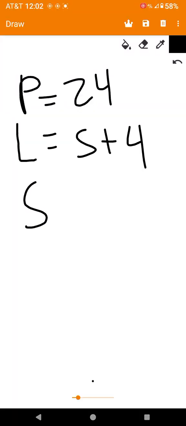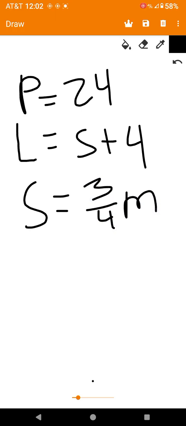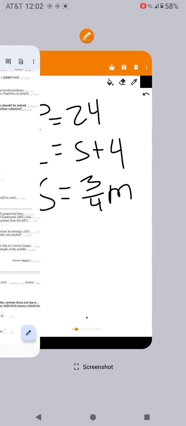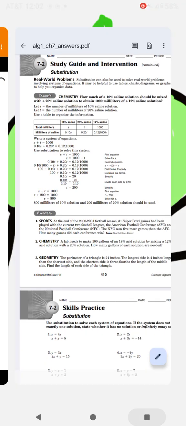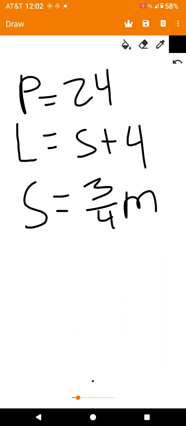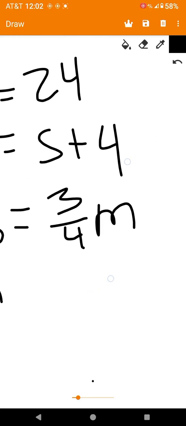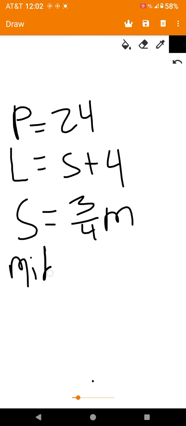So the shortest side is equal to 3/4 times that length. And then it says find the length of each side of the triangle. So the middle side will be represented by M.